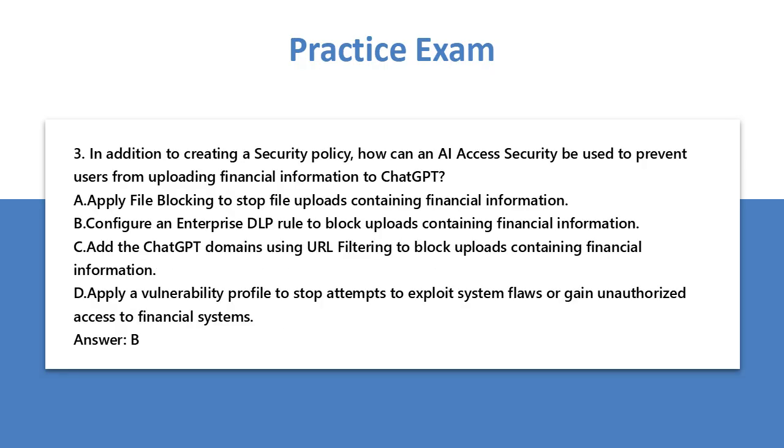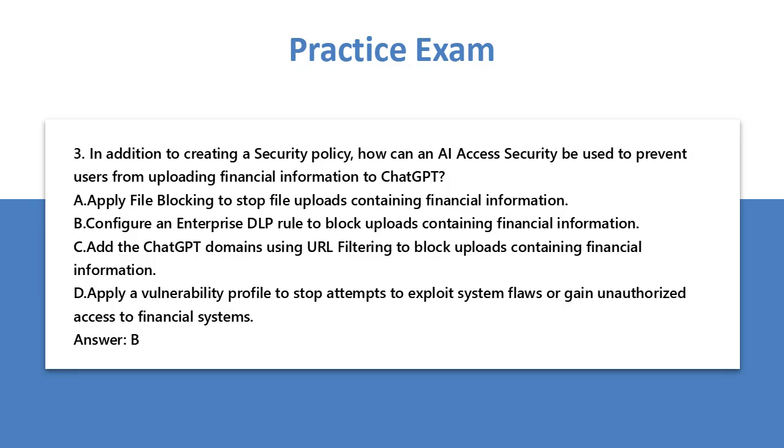3. In addition to creating a security policy, how can an AI access security be used to prevent users from uploading financial information to ChatGPT? A. Apply file blocking to stop file uploads containing financial information. B. Configure an enterprise DLP rule to block uploads containing financial information.